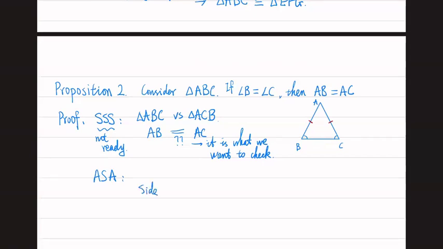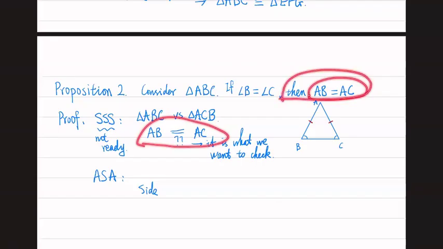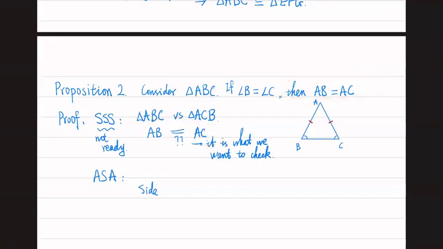Which pair of sides would you pick? AB equals AC, like Amy did. But we don't know they're equal yet. We wanted to prove this. We cannot use it to prove it, right?